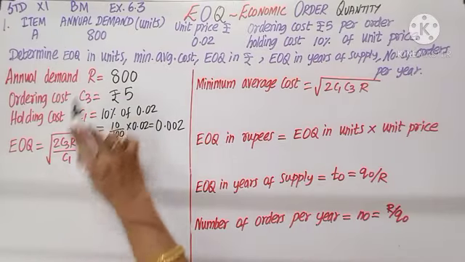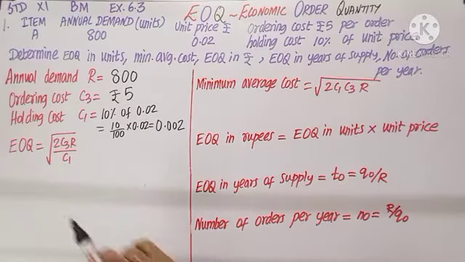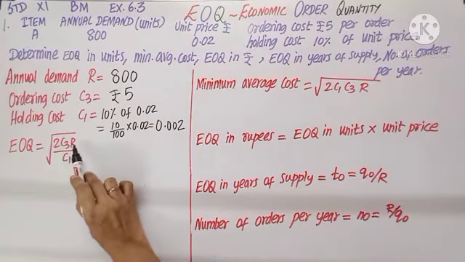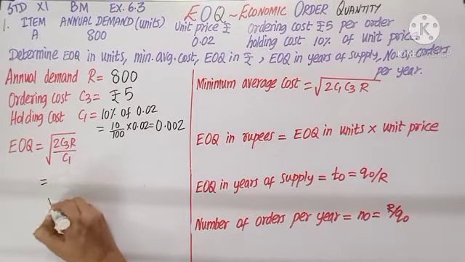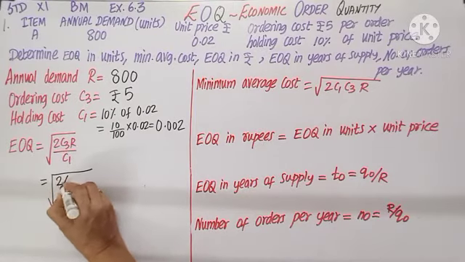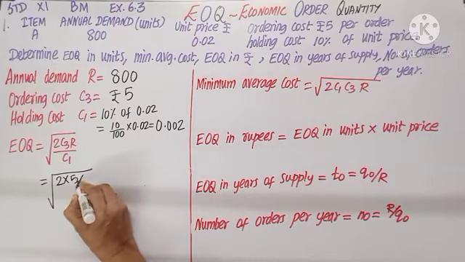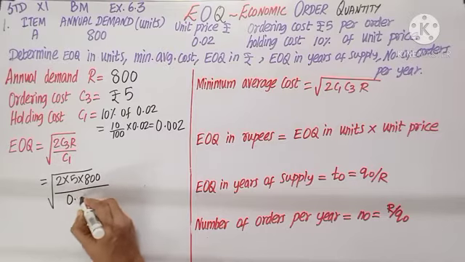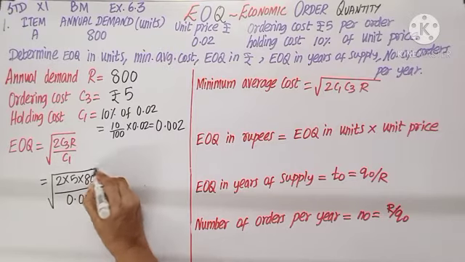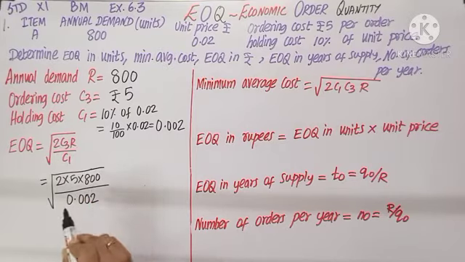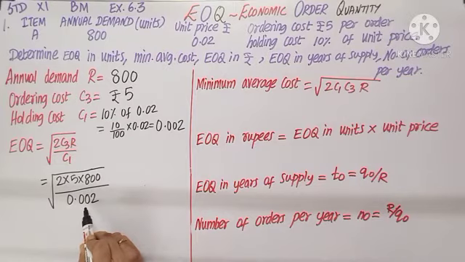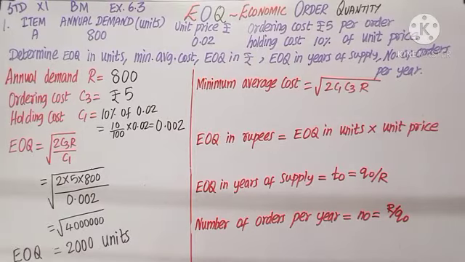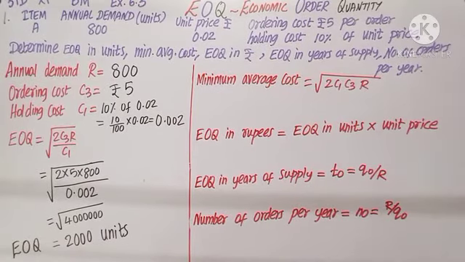EOQ in units: root of 2 C3 R by C1. Square root of 2 into C3 which is 5, R is 800, divided by C1 which is 0.002. Multiply, divide by 0.002, and find the square root. We get EOQ equals 2000 units.